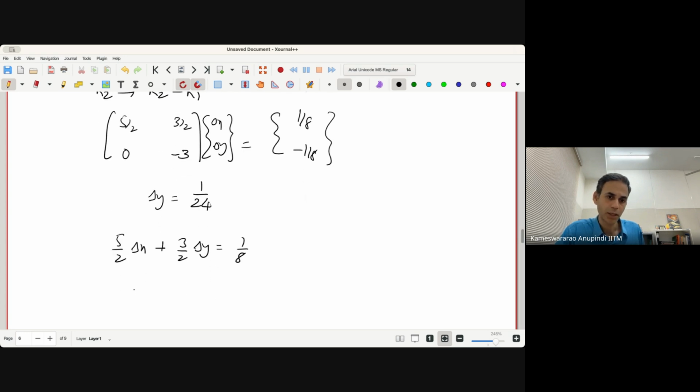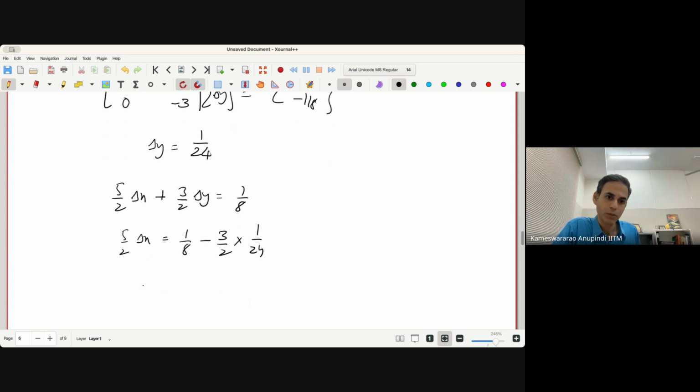That means my delta x equals, so 5 by 2 delta x equals 1 by 8 minus 3 by 2 times 1 by 24. So my delta x equals, how much will this be? Okay, let me just use the calculator.